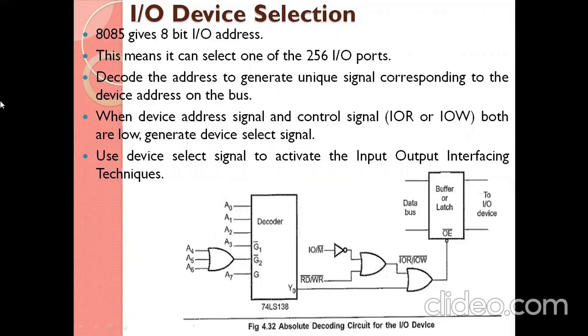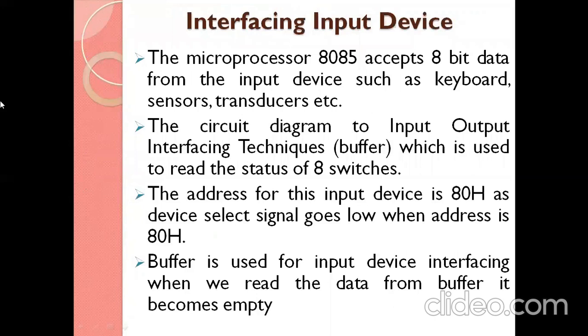Now I am going to explain an input device. That is a read operation, low. So 1, 0 means the output is low. So automatically the buffer will get enabled. Once the buffer is enabled, from the input device, the data is transferred to the data bus of your microprocessor.